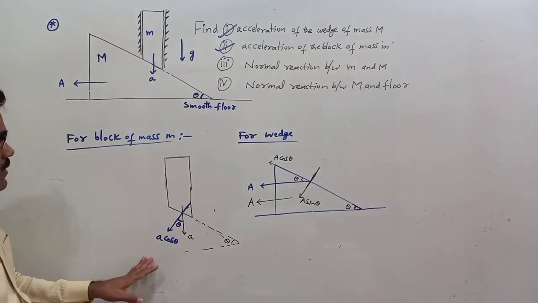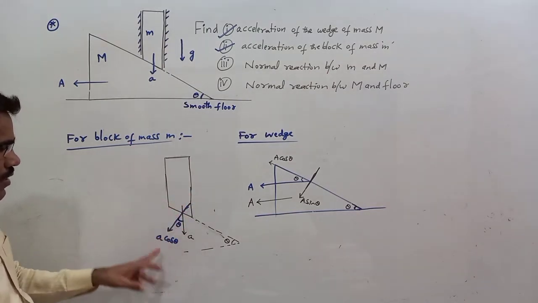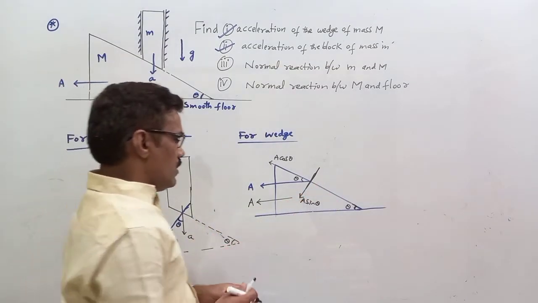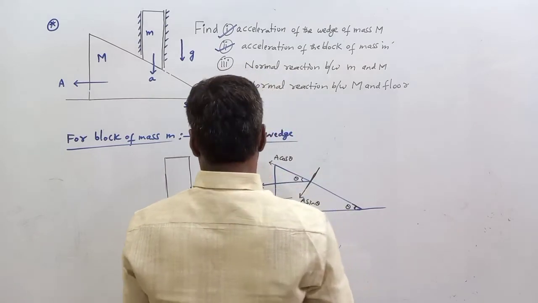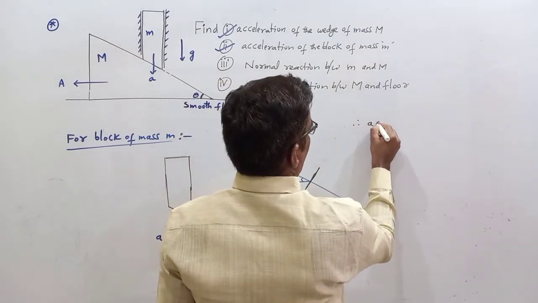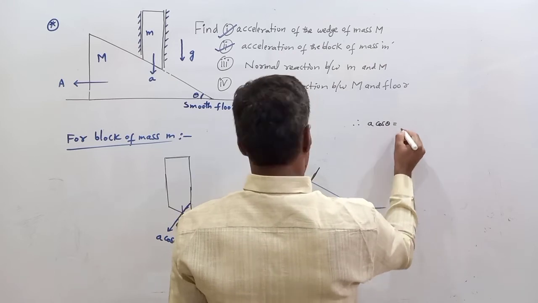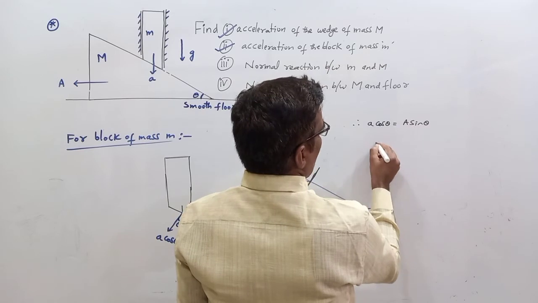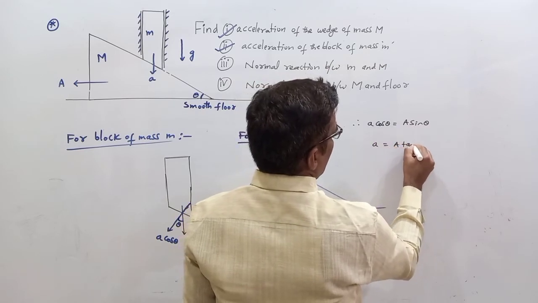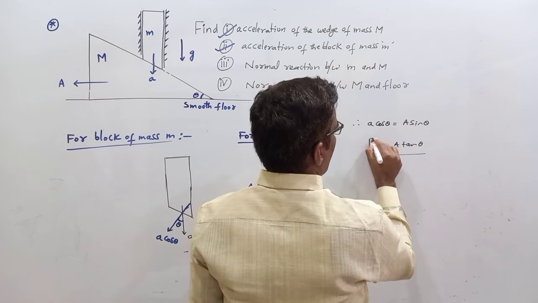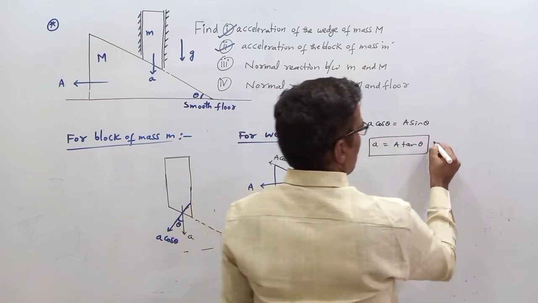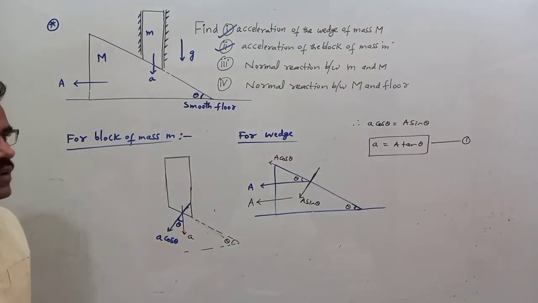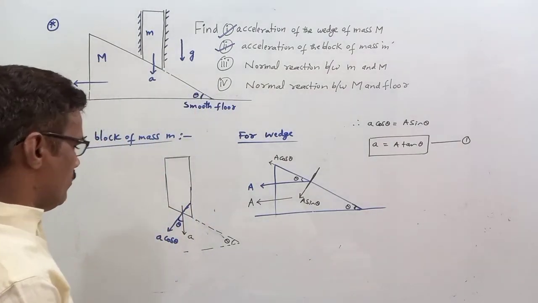For the block, perpendicular to the contact surface is a cos theta; for the wedge it is A sin theta. So the condition for constrained motion: a cos theta must be equal to A sin theta. Therefore a is equal to A tan theta. This is the relationship between the acceleration of the block and the wedge. Take this as equation 1.